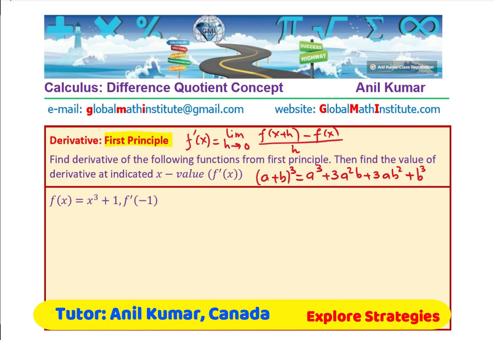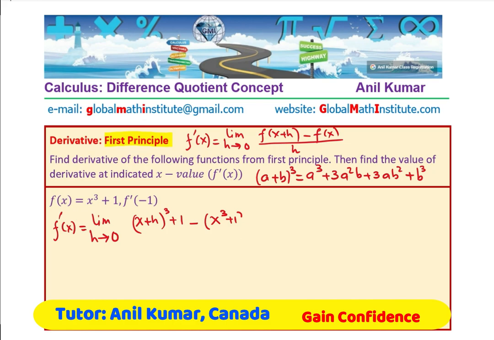So let me write down the limit of this function as h approaches 0. And in the numerator, we are going to use this particular difference quotient formula. f of x plus h will be x plus h whole cube plus 1. So this is the first part, right? Minus f of x, which means minus whatever is given to us as the function. Perfect.